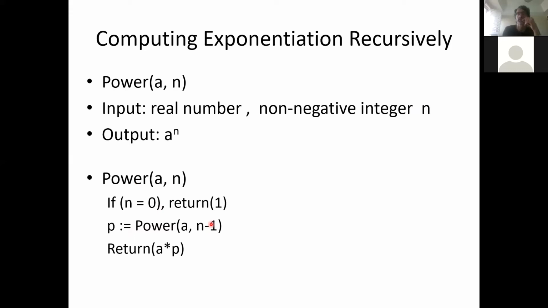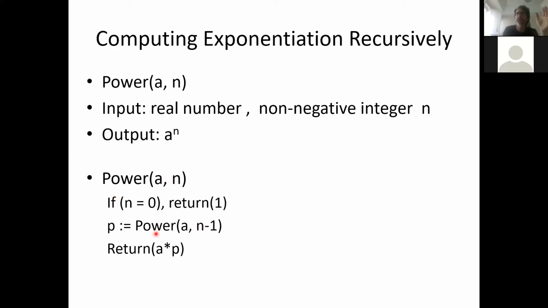In other words, if you call power at A, 5, it will generate a call to power at argument A, 4. And that will generate another recursive call to the same algorithm, with the same base A and now exponent 3. And so on and so forth until it hits the base case.